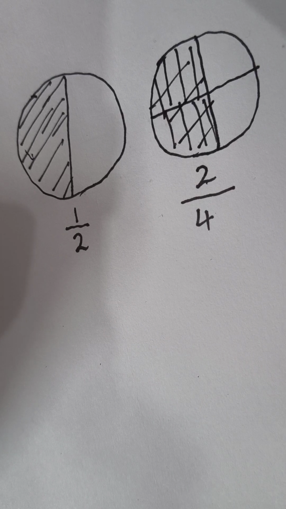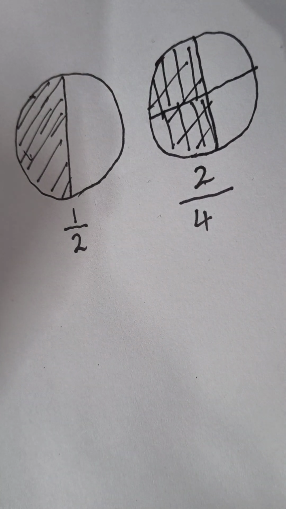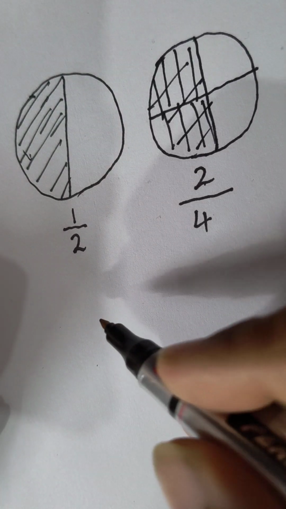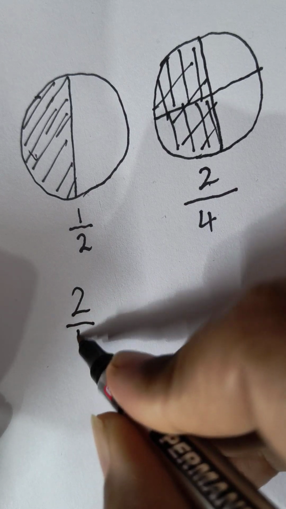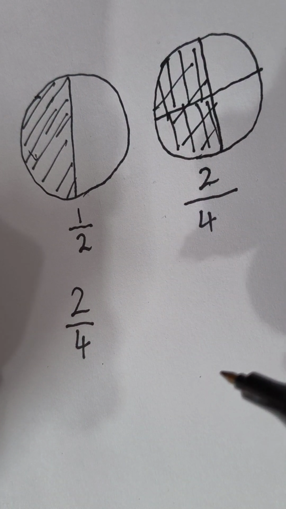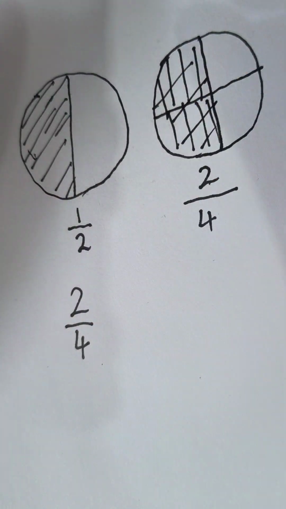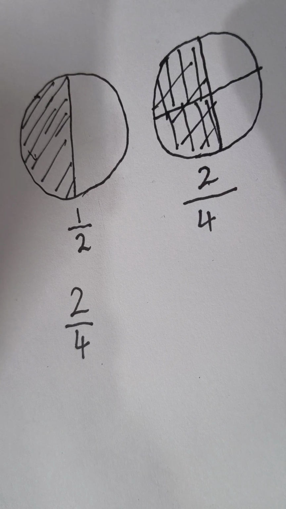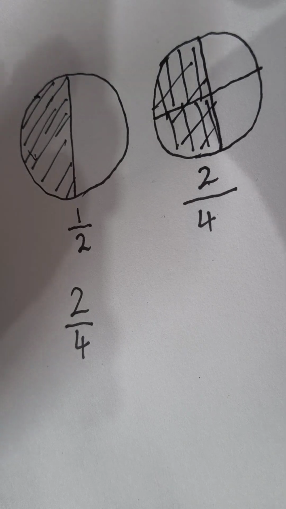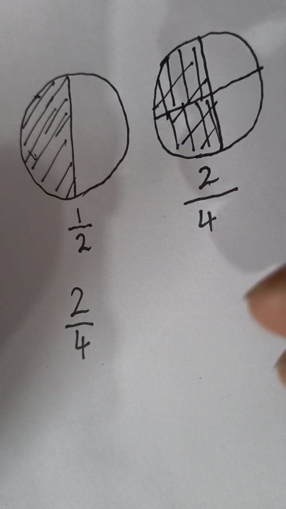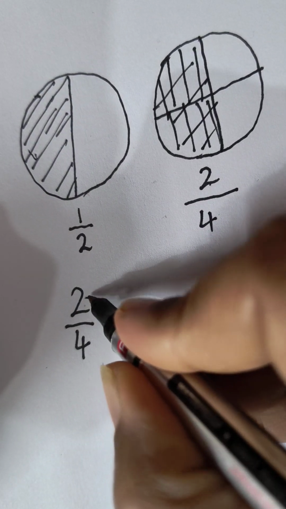Now, how to find out equivalent fractions? It's very simple. If a question comes, write the next two equivalent fractions of 2 upon 4. You can do it mentally once you have good practice. Until you have proper practice, you can do it in such an easy way. 2 multiplied by 2.